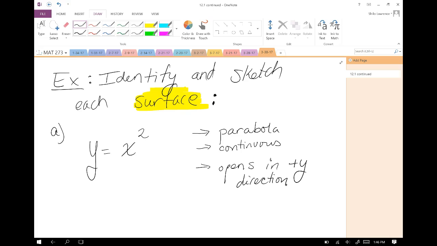This is a three-dimensional surface. That was told to us in the instructions. Which variable is missing? Z is missing. What that means is when I draw this parabola in the xy plane, that parabola is going to repeat forever along the z-axis.